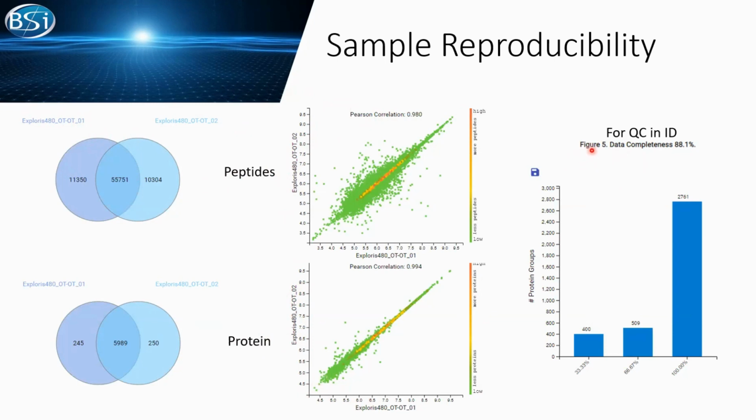If you are doing ID, we also provide the data completeness chart. In this set of data, the data completeness is over 88%, which means that over 88% of the proteins can be identified in all of my 3 samples. So this proves the machine is excellent, in great status.